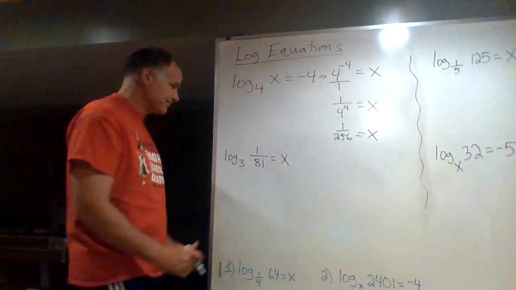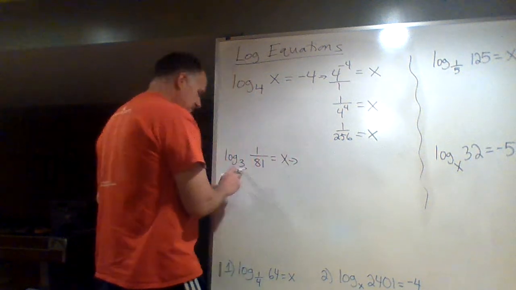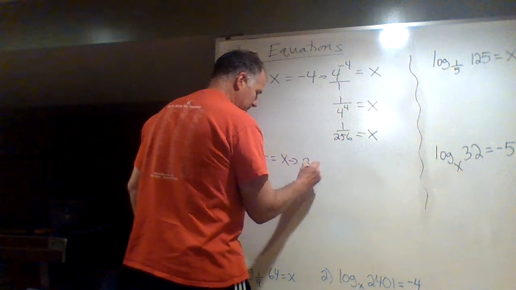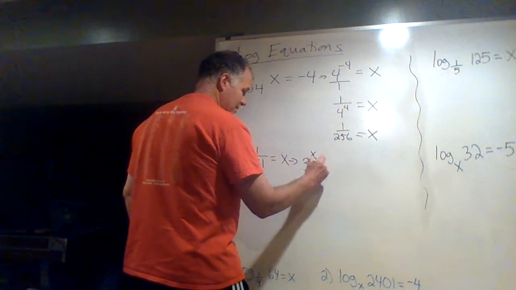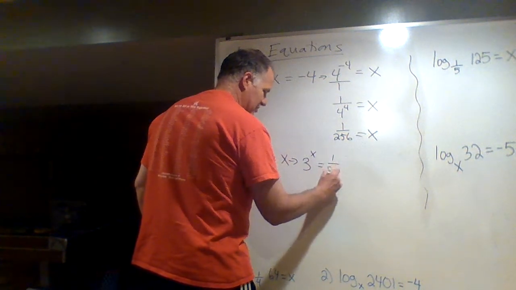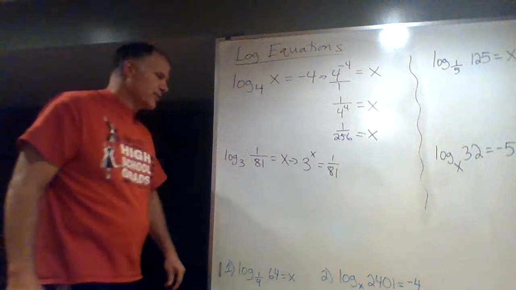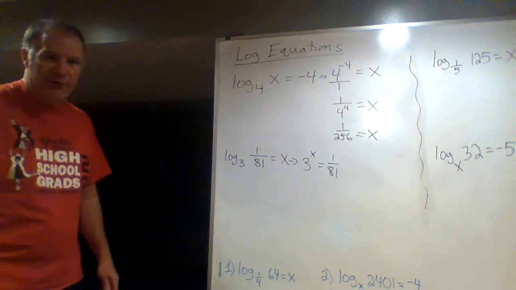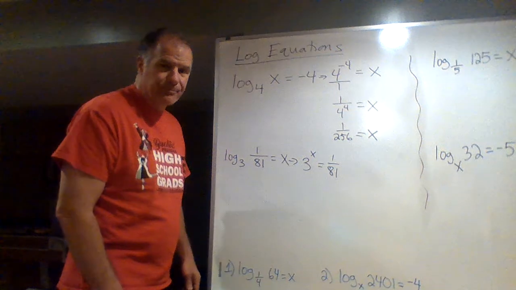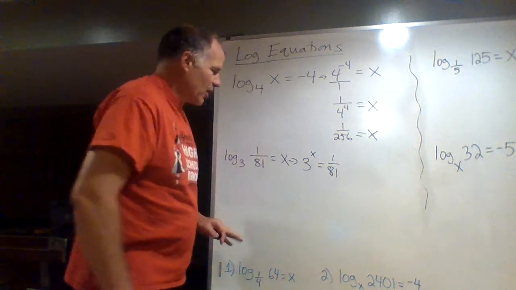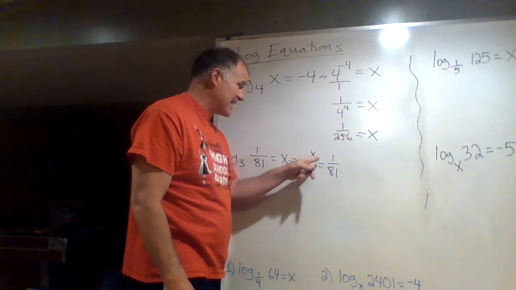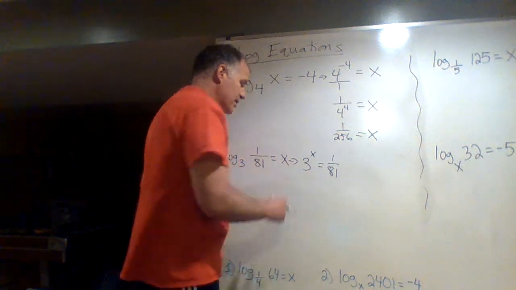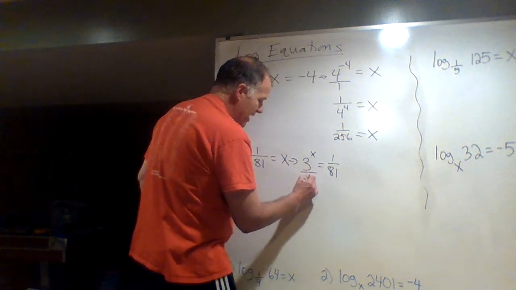So here, my base is 3. My exponent is x, and I'm trying to create a fraction, 1 over 81. So, now guys, here's the thing. I have a regular 3, but the answer needs to become a fraction. So remember, in a way, what has to happen?